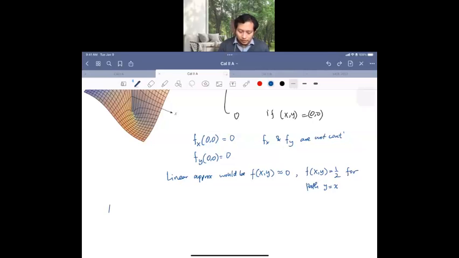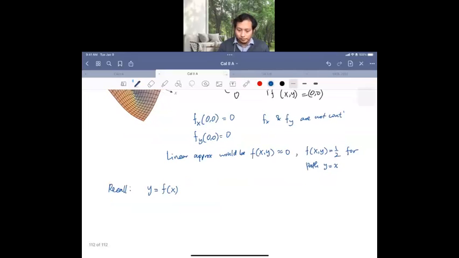Now recall we have a function of x. If x changes from a to a plus delta x, we define delta y as f(a plus delta x) minus f(a).